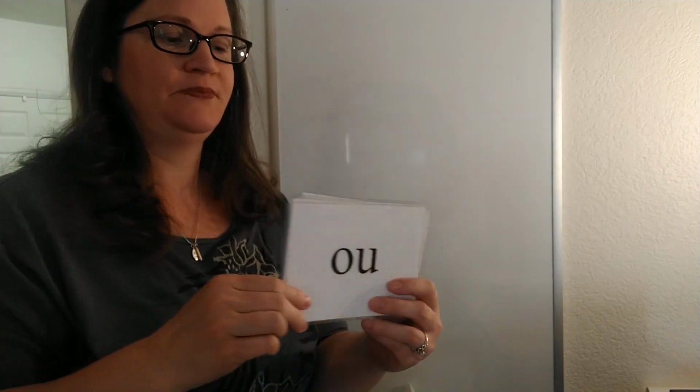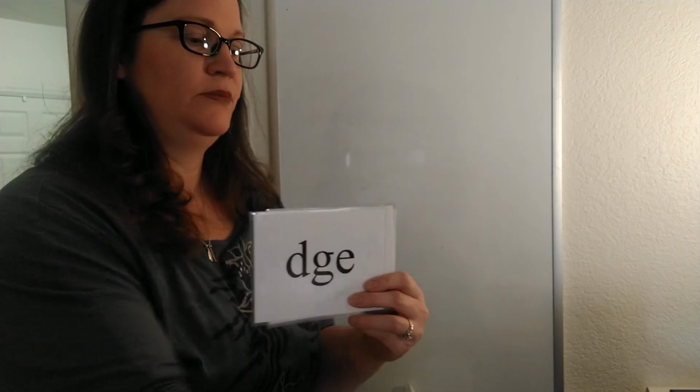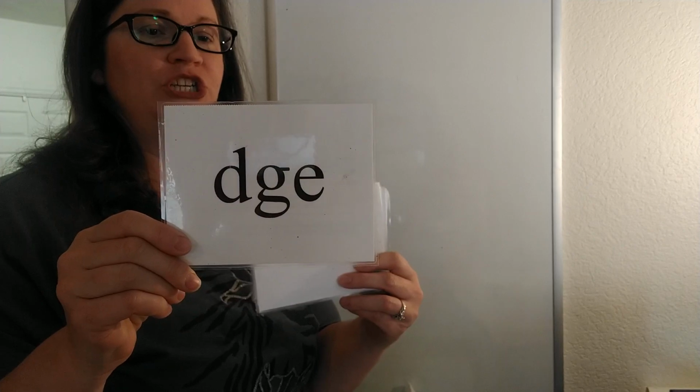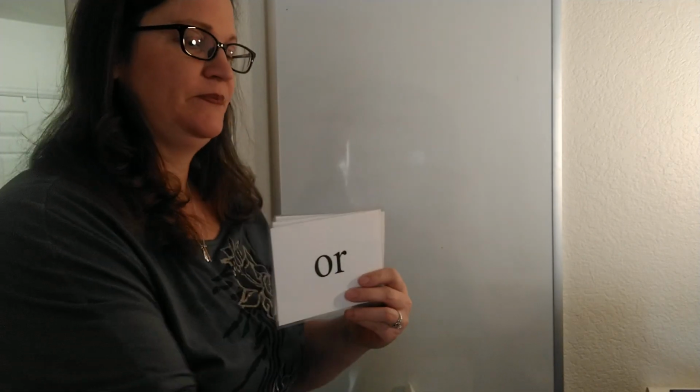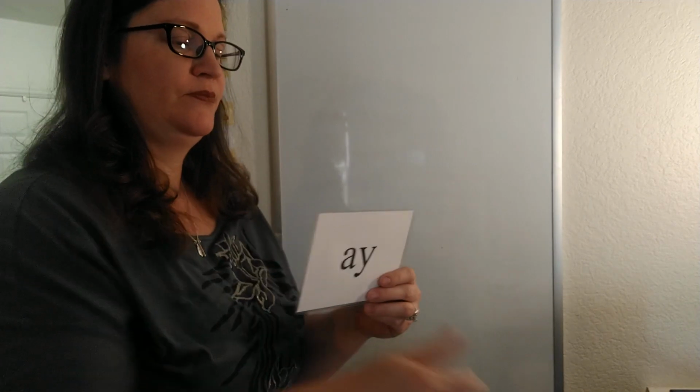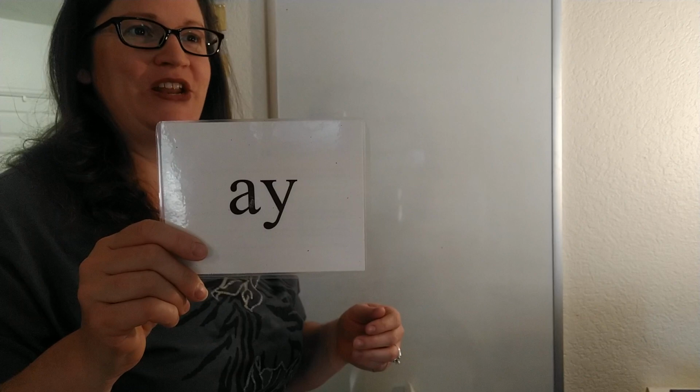R. Ow, o, oo. J, 3-letter J. Or. Sh. And A, 2-letter A, that we may use at the end of English words.